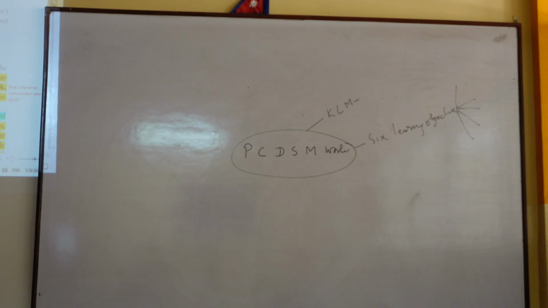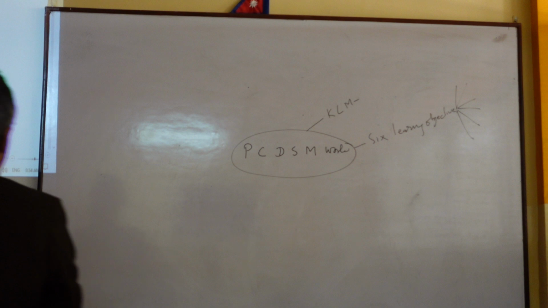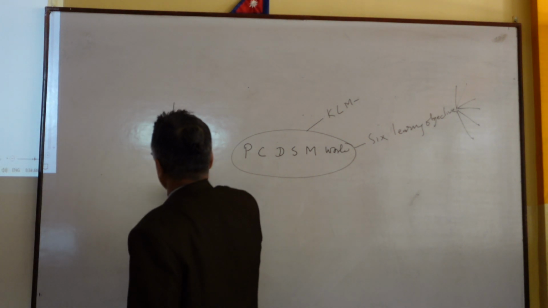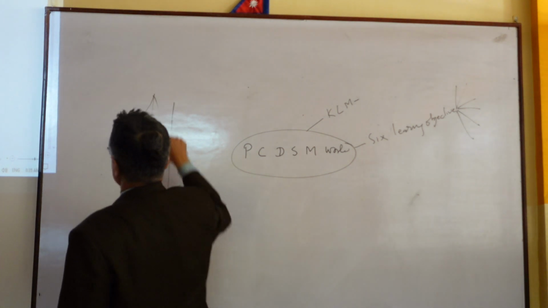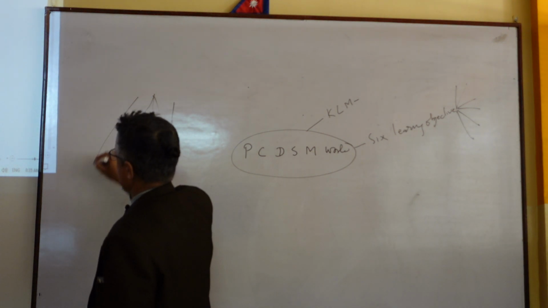Then we read about how we communicate in an organizational context, and we said there are formal communication channels as well as informal communication channels in a company or organization. And then we read about the structure of organization. For example, you can see in an organization there is top to bottom communication, there can be bottom to top communication, and there can be diagonal communication.